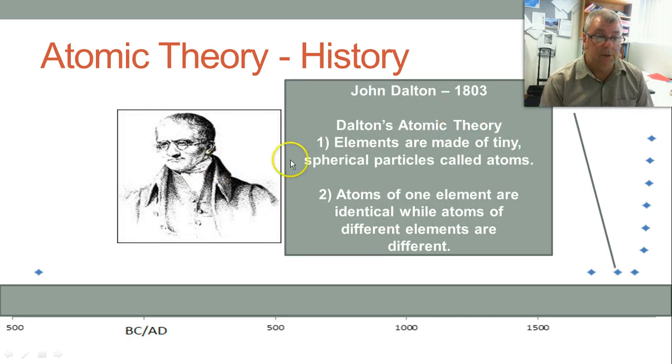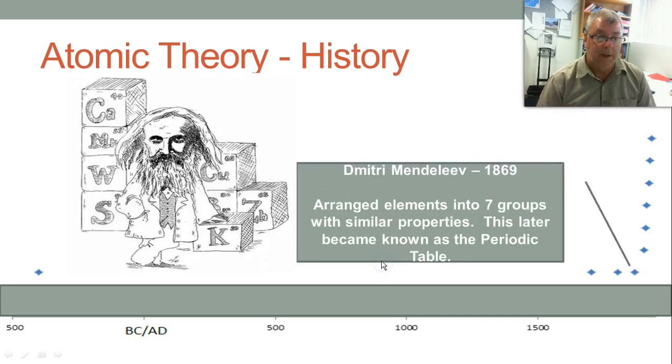Then there was a guy called Dalton, 1803. He had the atomic theory where elements are made up of tiny spherical particles. He called them atoms, and atoms of one element are identical, while atoms of different elements are different. So people were starting to classify atoms according to what they are and what substance they were.